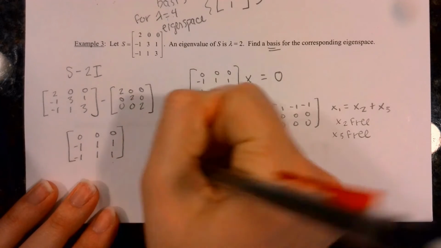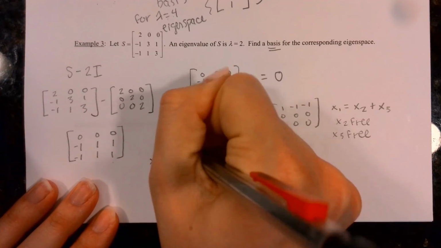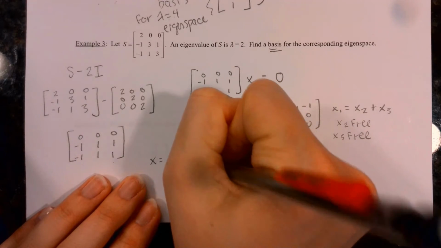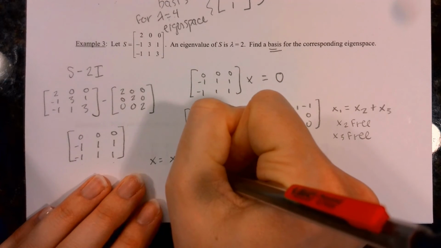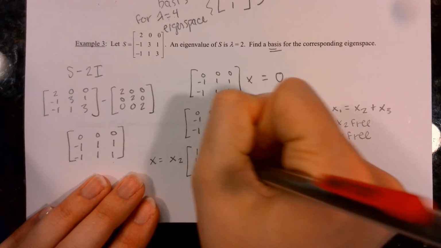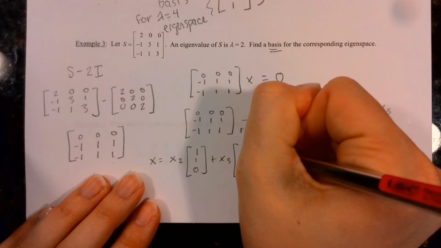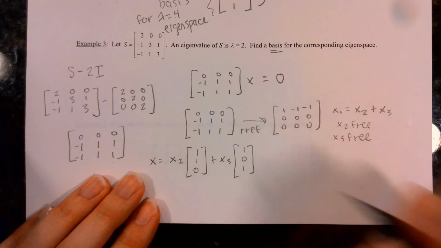So x equals, okay, x2 is my first free variable. It's going to be 1 for x1, 1 for x2, and 0 for x3. x3 is my other free variable, so my vector is going to be 1, 0, 1.